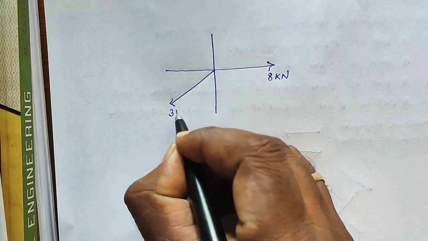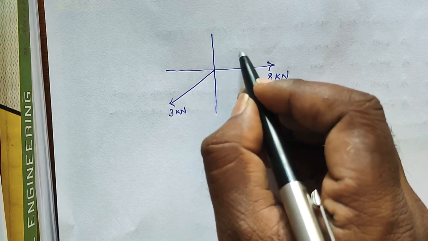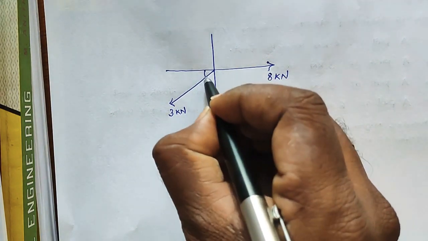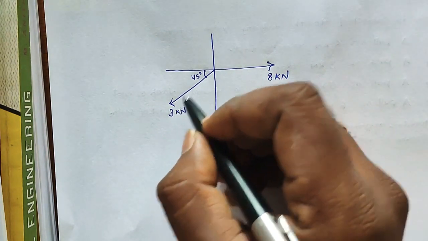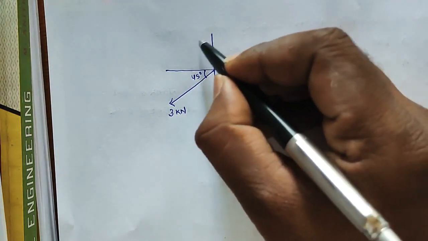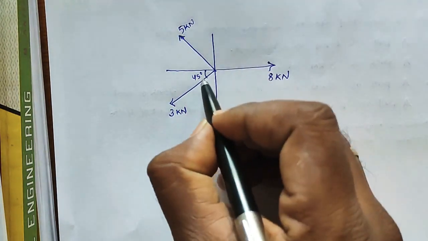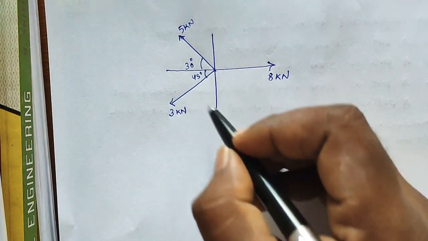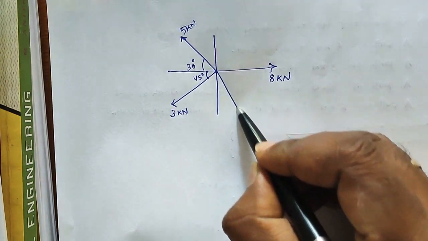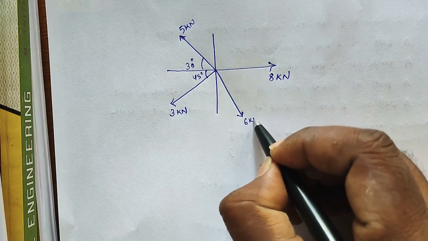So instead of showing it in the first quadrant, we are showing it in the third quadrant with an angle of 45 degrees. So the effect doesn't change. And here we have 5 kilonewton with an angle of 30 degrees. And also we have 6 kilonewton.